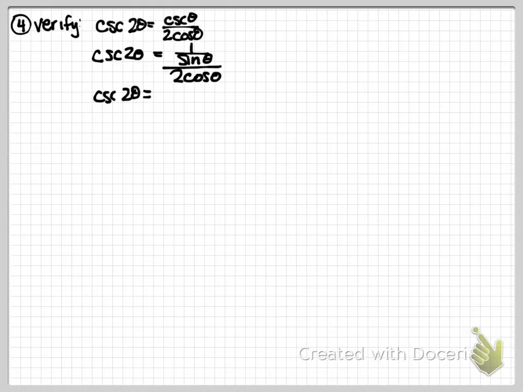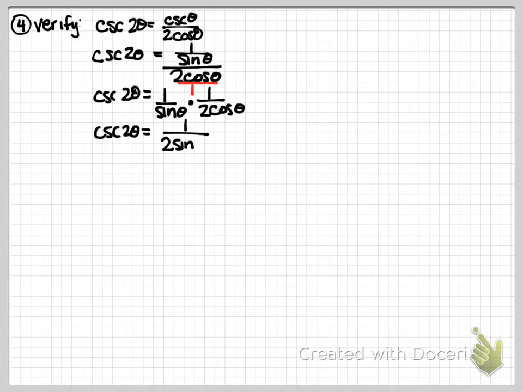Well, I can simplify the right side. Remember, pretending that this one is over 1, so we're really just dividing fractions. So we have 1 over sine of theta times 1 over 2 cosine theta. Combine our two fractions, we get 1 over 2 sine theta cosine theta.